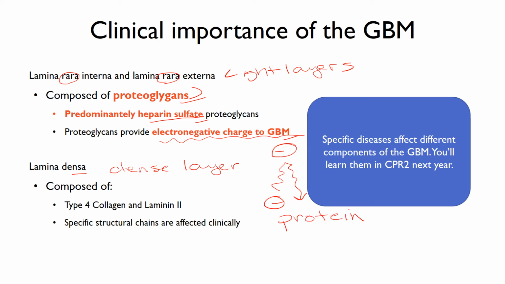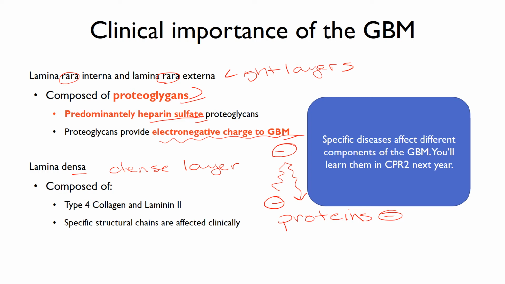Okay, so proteins have net negative charges, and if net negative charges are repulsed by this net electronegative charge, then it's going to just help contribute to keeping proteins out of the primary filtrate as appropriate, especially those proteins that are in between sizes that might want to get filtered, but they get repelled because of this negative charge.